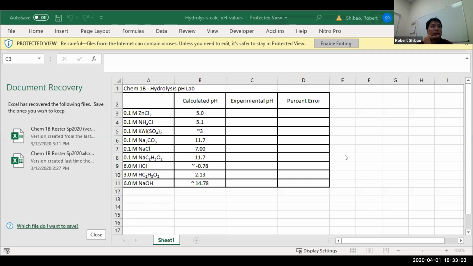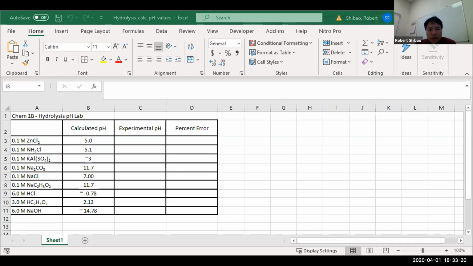Oh, there it goes. Okay. Screen sharing has stopped. His sharing window is closed. Try this. You share.